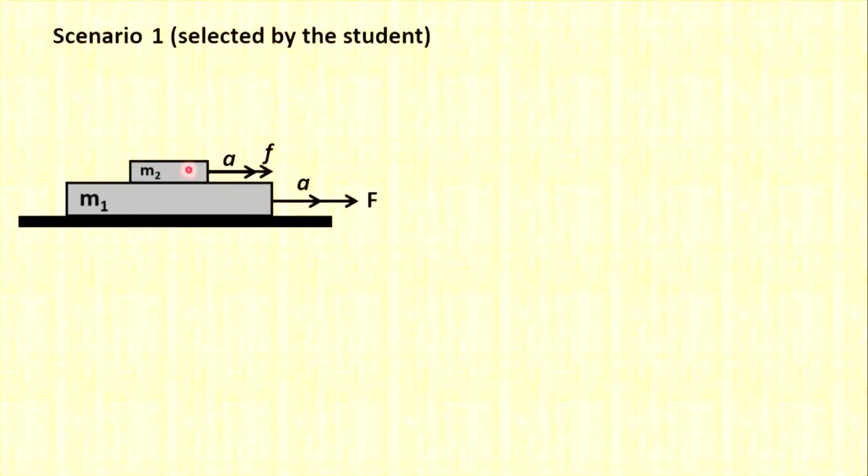The only source of horizontal force in such a problem is the force of friction between M1 and M2. Because in the formulation of the problem it is given that friction is absent, the surface is frictionless, there is no source of such a force. That means that scenario 1 is the wrong one.